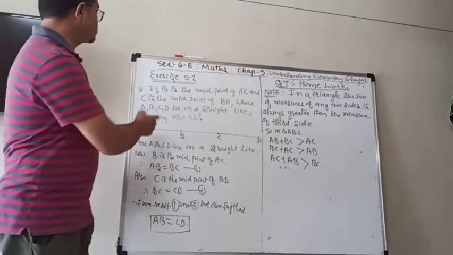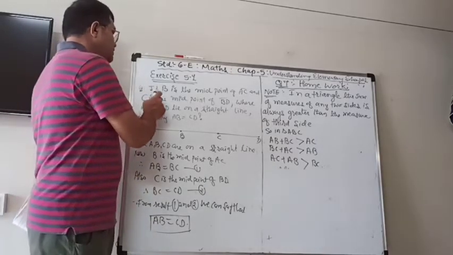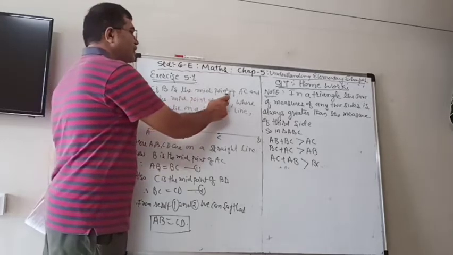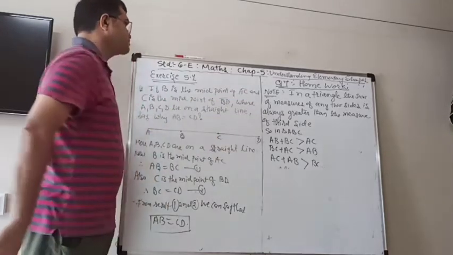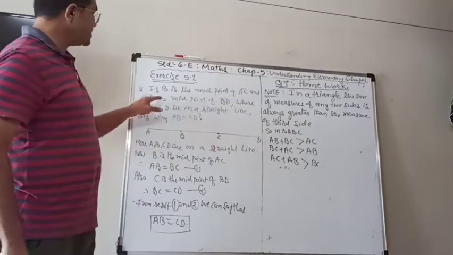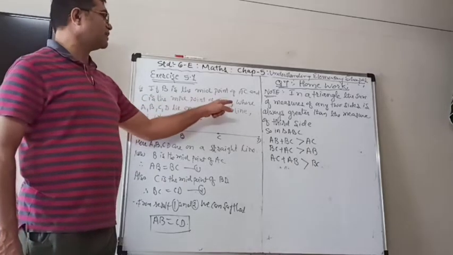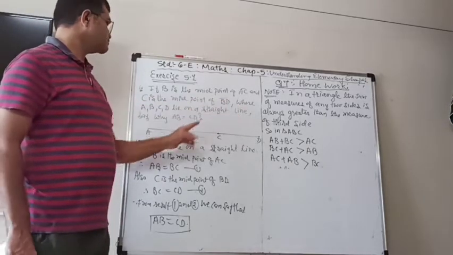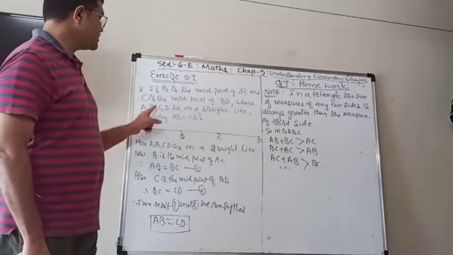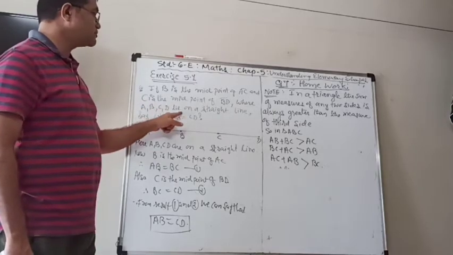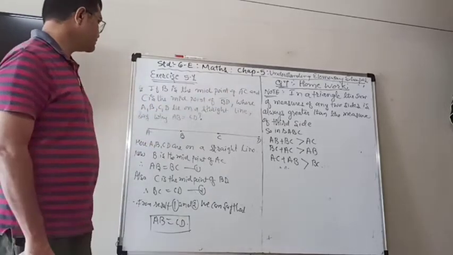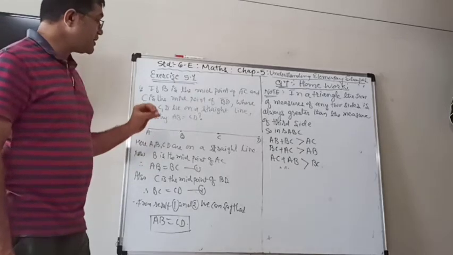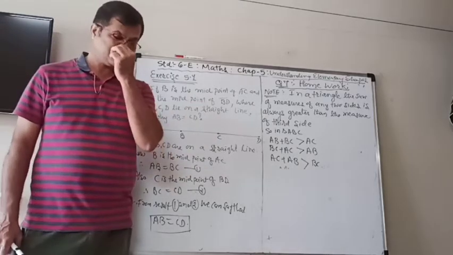Now the 6th question. If B is the midpoint of line segment AC and C is the midpoint of line segment BD, where A, B, C and D lie on a straight line, say why AB is equal to CD.